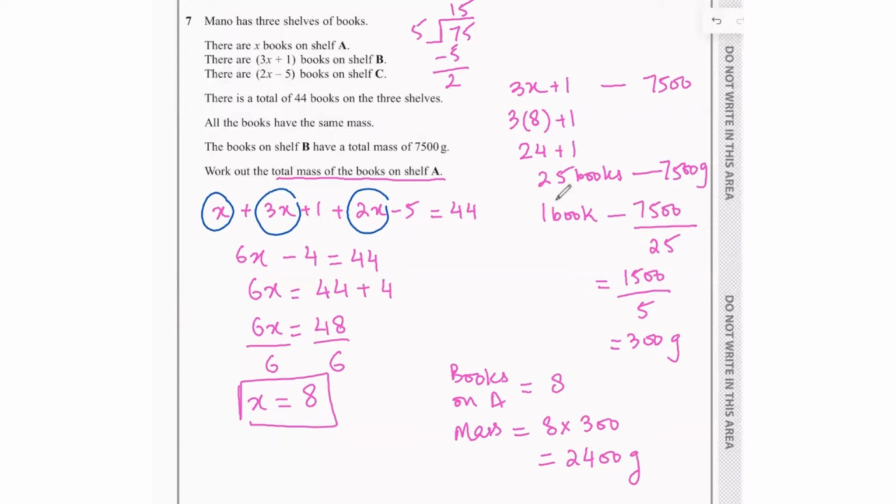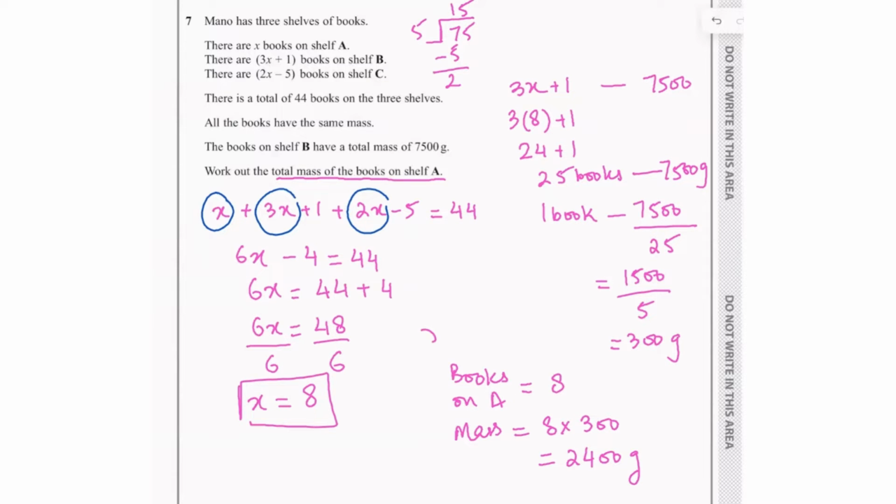That is your answer. So first, what we did was we created an equation for the total number of books. Through that, we found the value of x, which is 8. Then we substituted that in the number of books for B to find the total number of books shelf B had. Using the mass of the books on shelf B, we found the mass of one book.